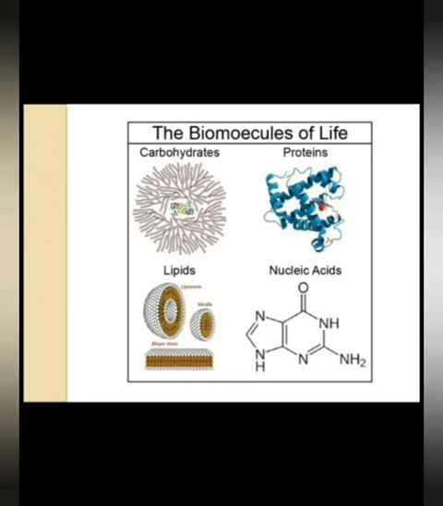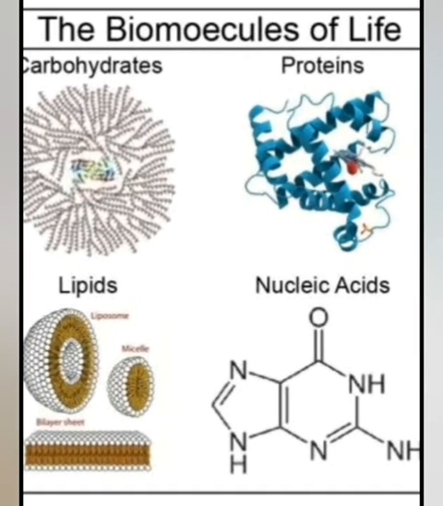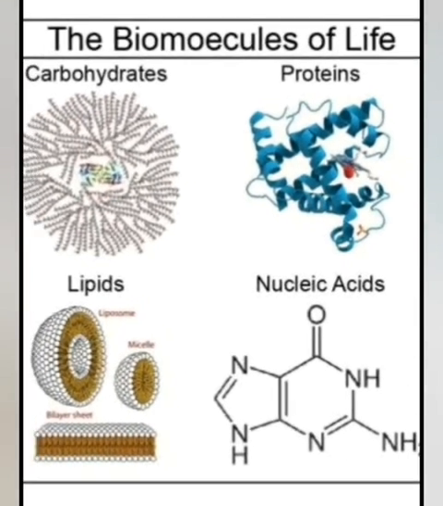Macro means larger. There are two types of molecules, macro and micro. Macro are the larger ones than micro ones. They can produce these large macromolecules such as protein, polysaccharide, lipid, nucleic acid, etc. So these are known as biomolecules.